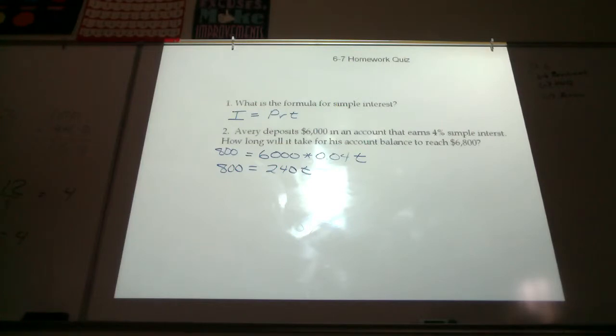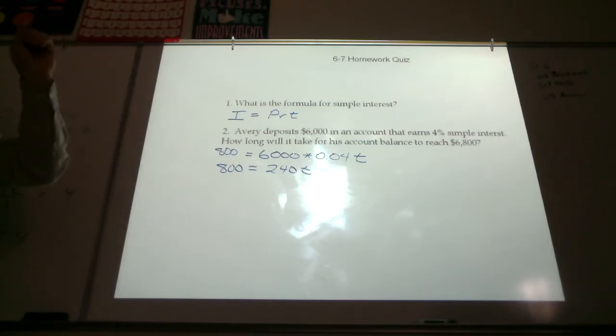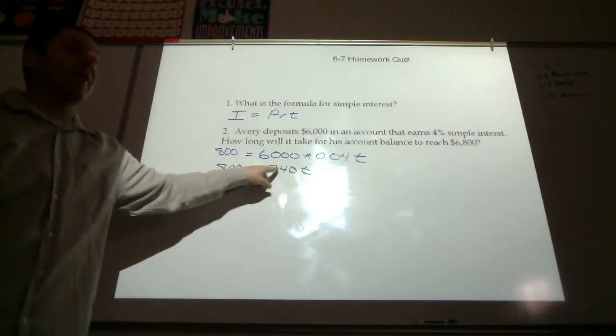Okay? So we want to figure out how much time that is. How do we get t by itself? If we subtract 240, we can't subtract because we want to have one t. We have to divide. Okay? We always do the opposite thing they tell us to do to the variable.